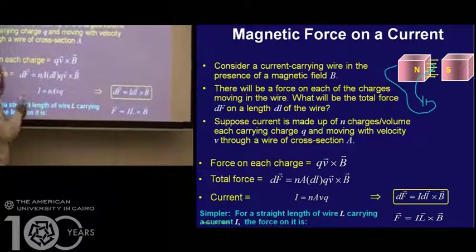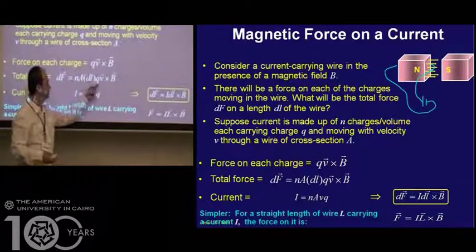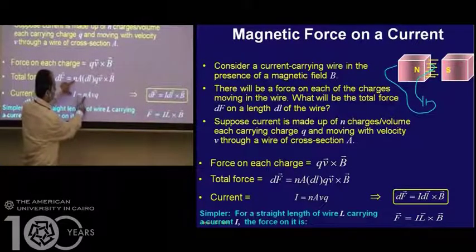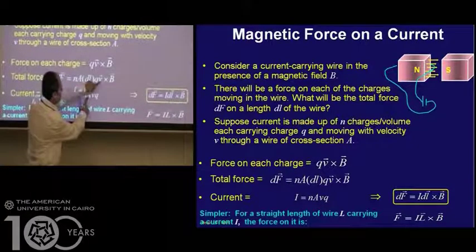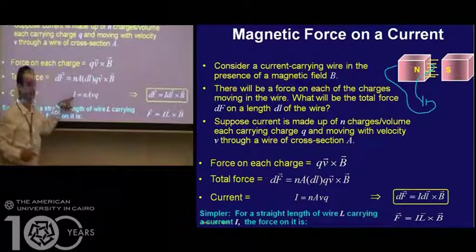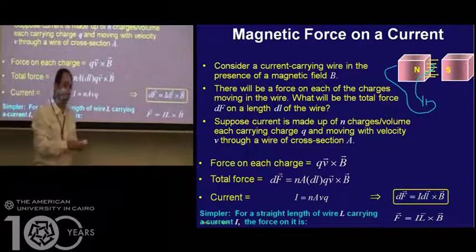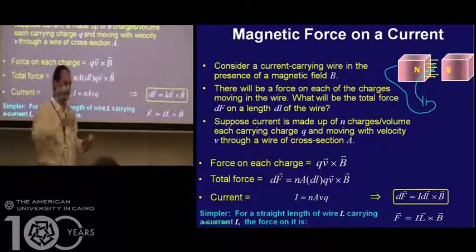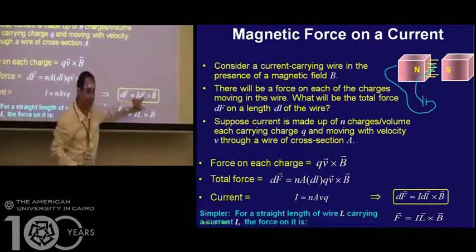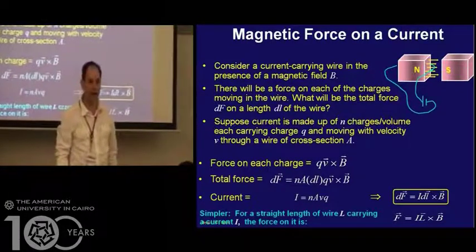The force on that piece of wire equals N A times the length, this is the volume, times Q times V cross B. N, A, V and Q, I can replace those four terms with the current. Then the force on that piece of wire equals the current times the length of that wire cross B. It's I L cross B.